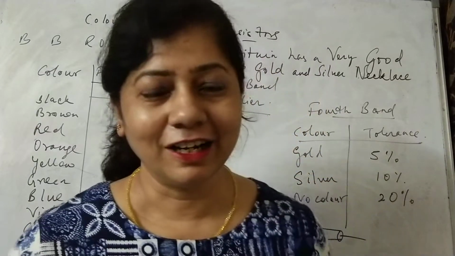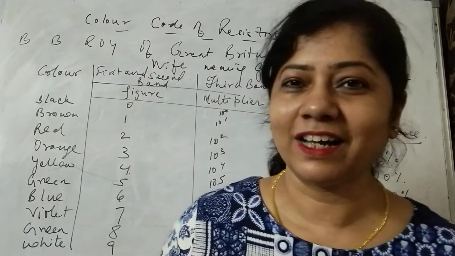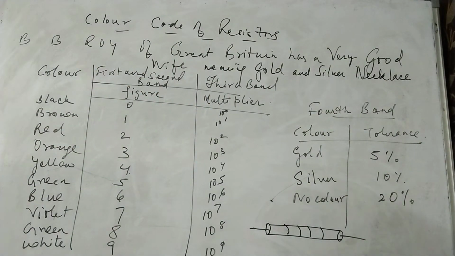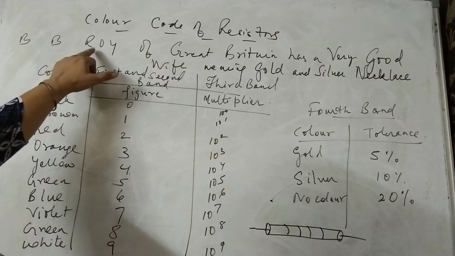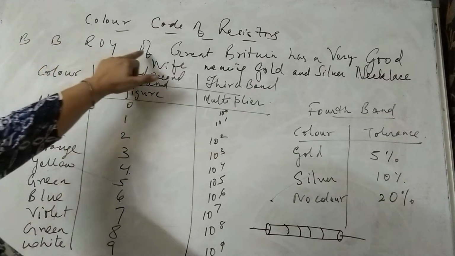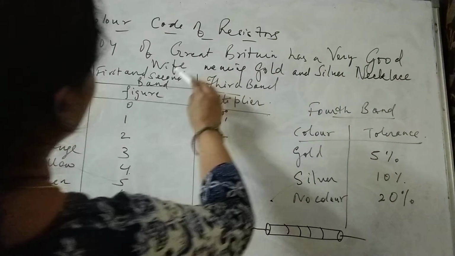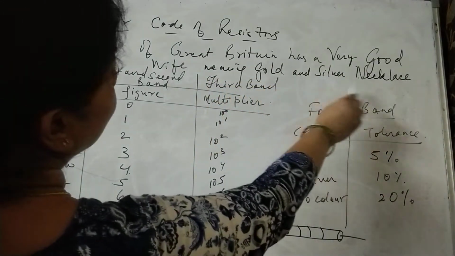We are using a very nice mnemonic, which I have written on the board. Just look at the lines. B.B. Roy of Great Britain has a very good wife wearing gold and silver necklace.